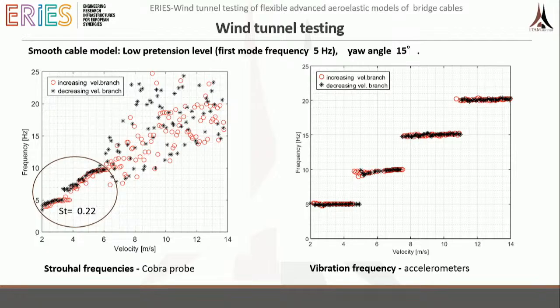And my theory, my hypothesis, my explanation is that because of this yaw angle, the roughness of the cable, or even small roughness, can change the coherency of the vortices, and it's so distorted. So there is no visible Strouhal number effect or lock-in effect.